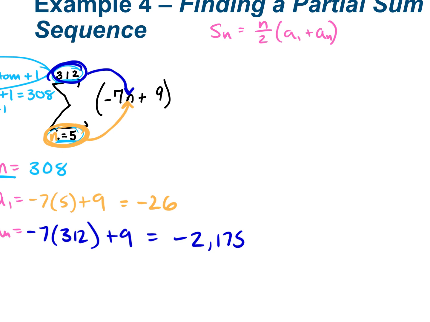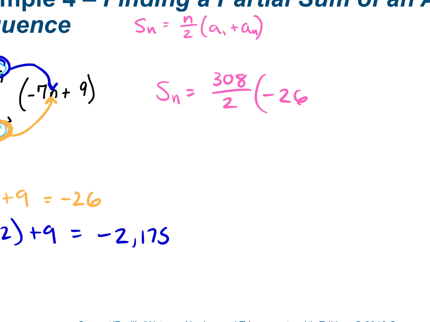So now let's plug all that into our formula. So S sub n just means the sum is equal to n, we said was 308 over 2 times a sub 1, which is negative 26, plus a sub n, which is negative 2,175.